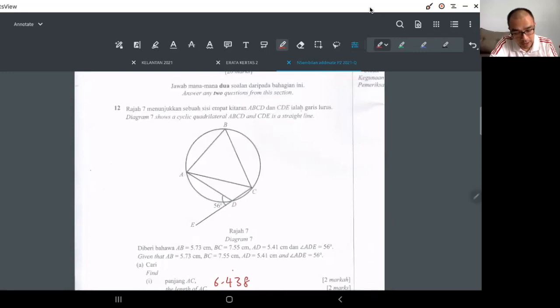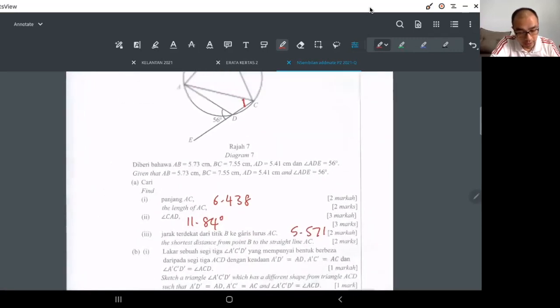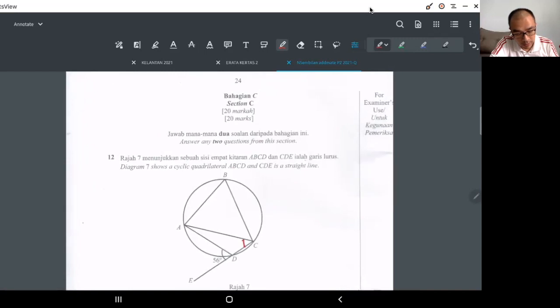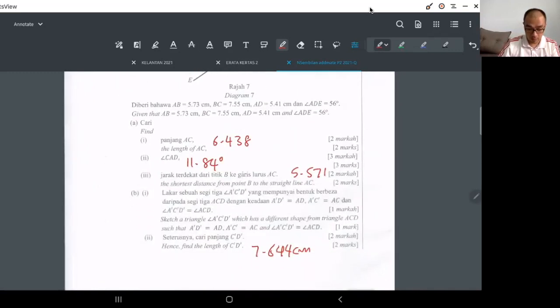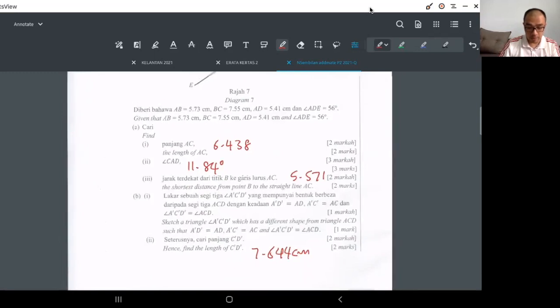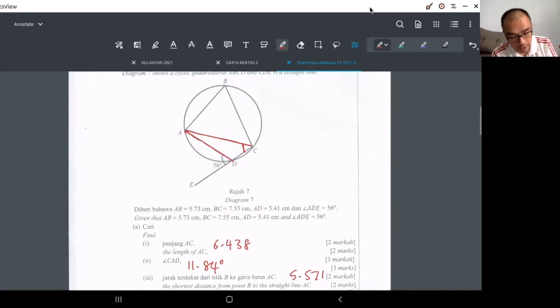Okay, so this angle cannot change. AC and AD are the same, so this one and this one must be the same, and the angle of ACD must be the same.